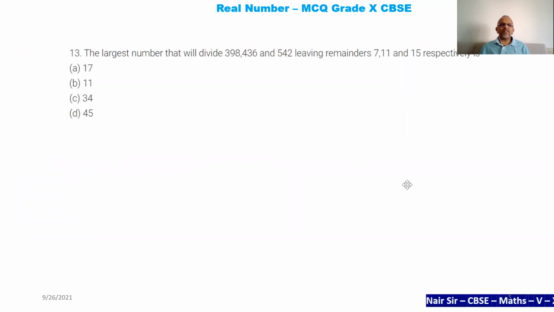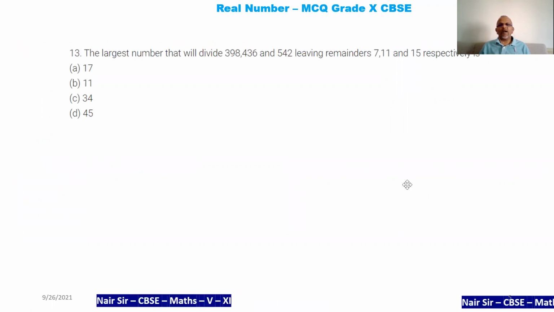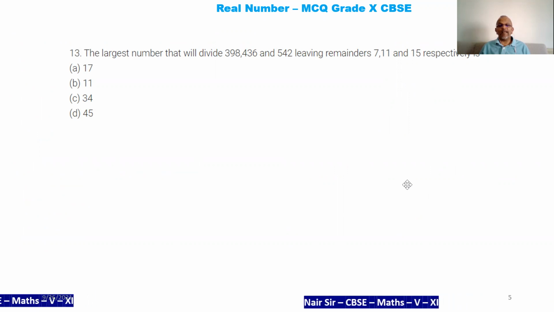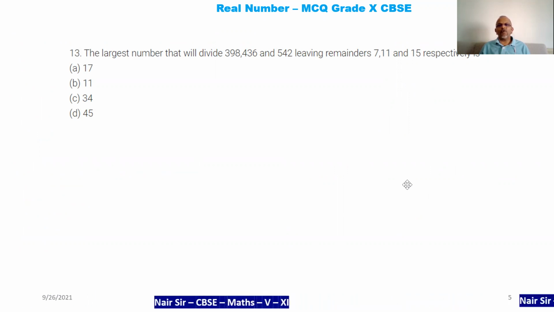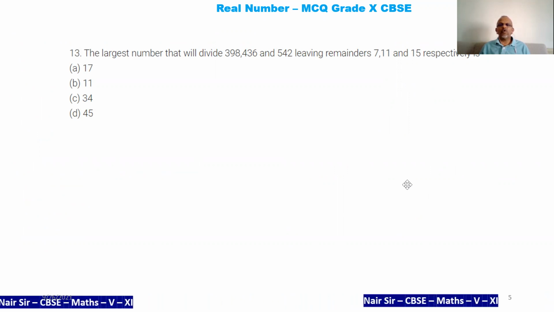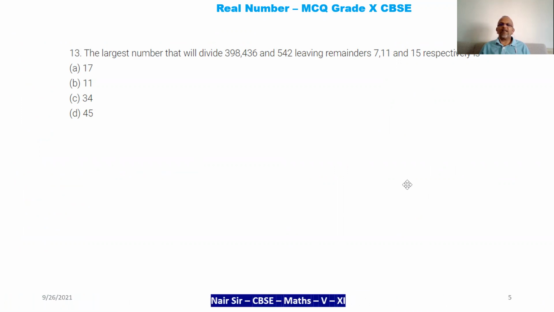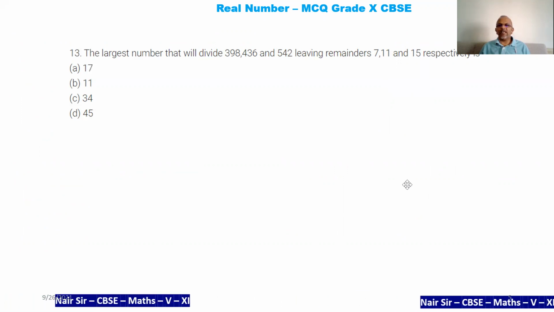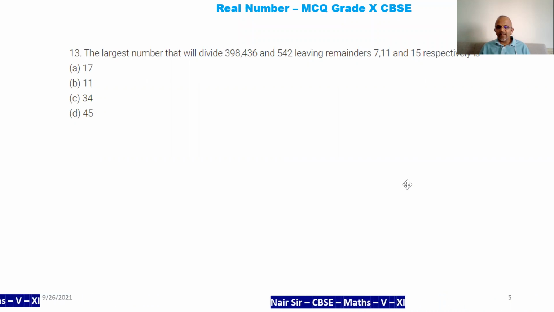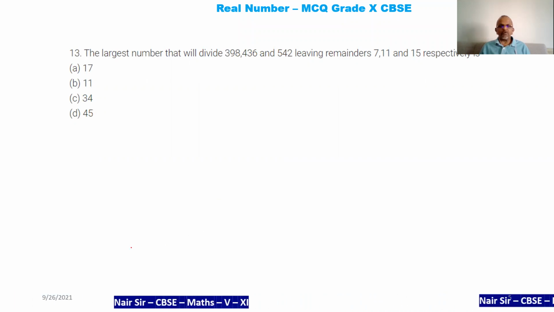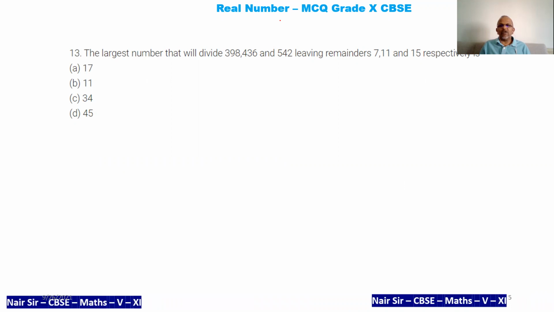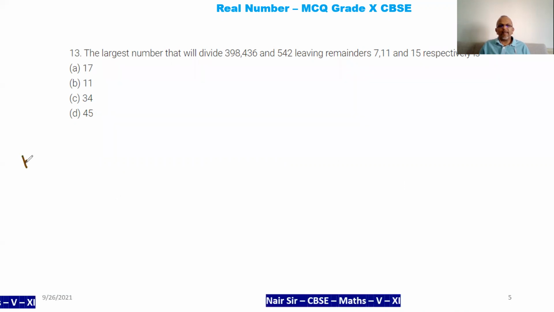The largest number that will divide 398, 436, 542, leaving remainders 7, 11, 15 respectively is. Now, this is a kind of question where there is a standard rule. What should I find, the HCF or the LCM?